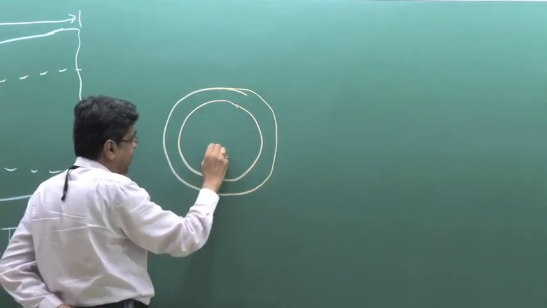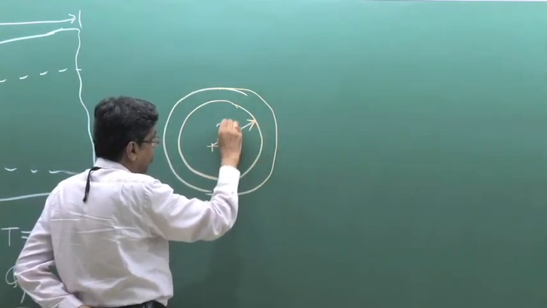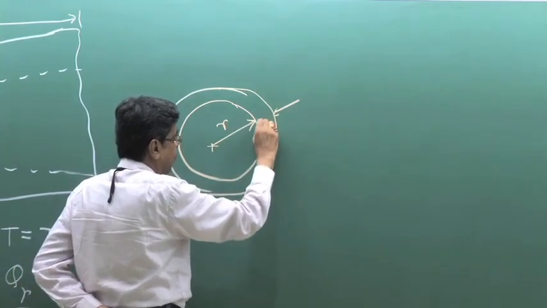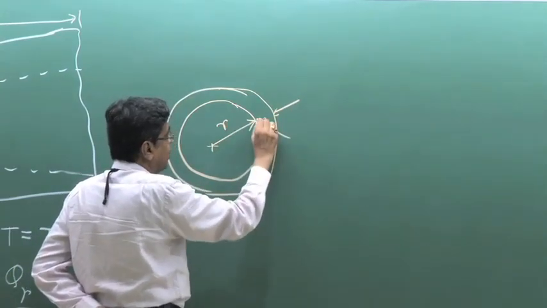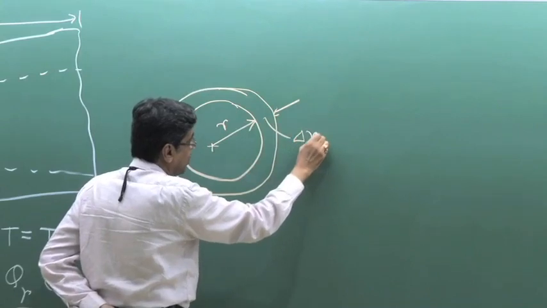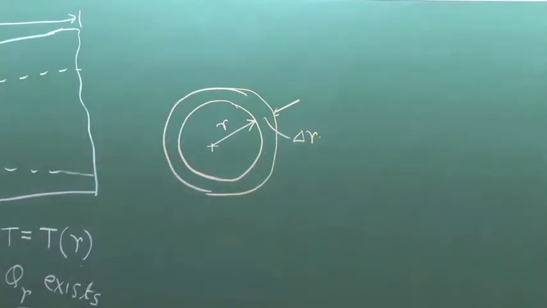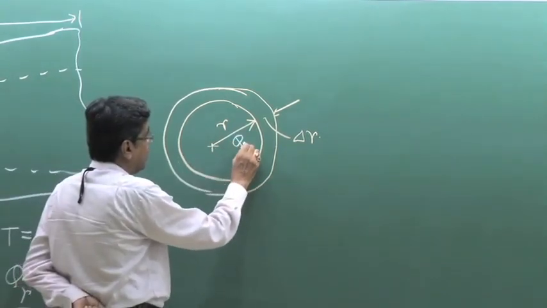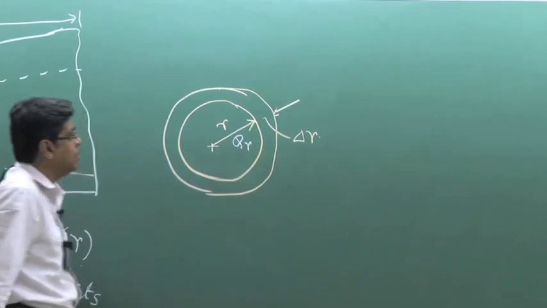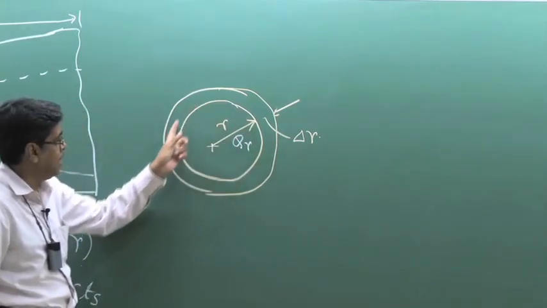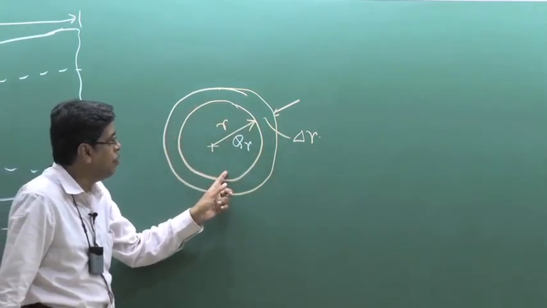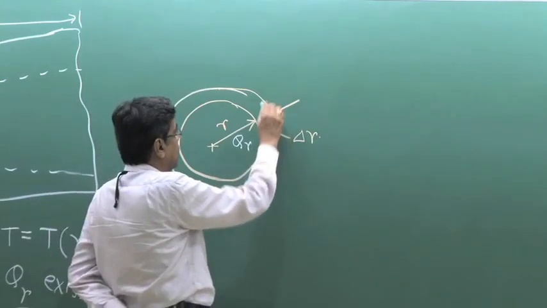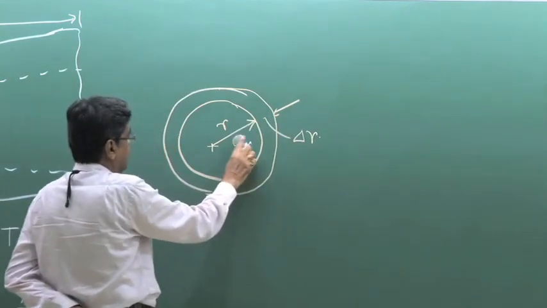This is at an arbitrary radius r with thickness delta r. Then, in our same analysis, if QR is the heat flux incident on this inner area, I am sorry, this is the dimension.